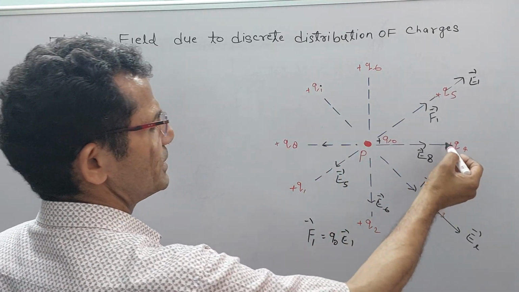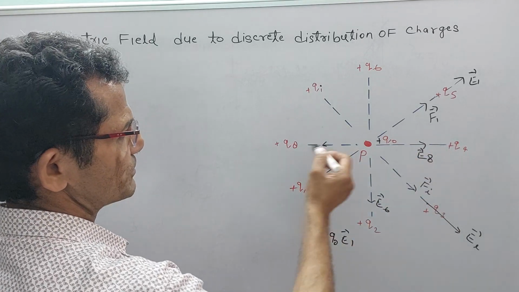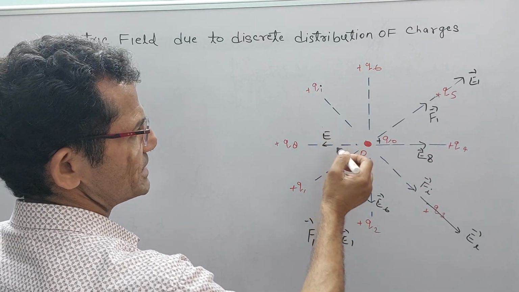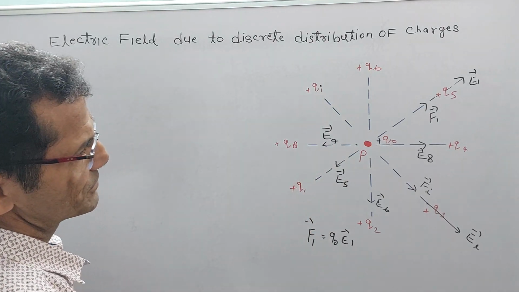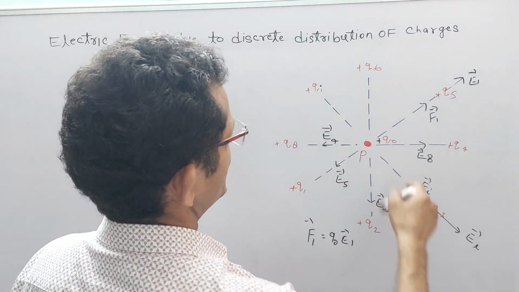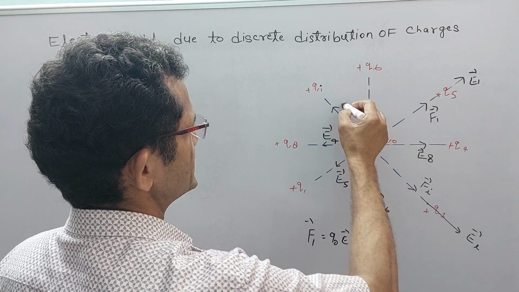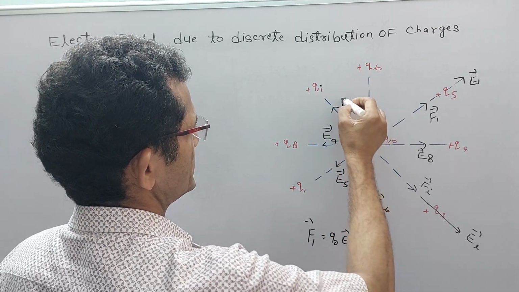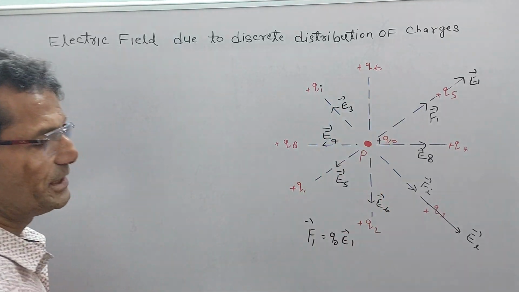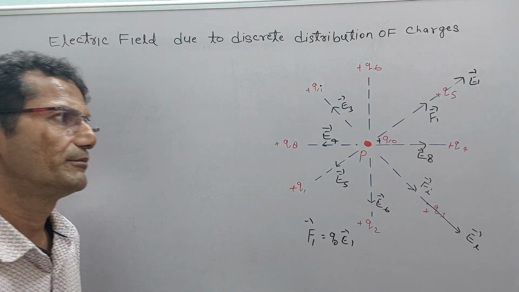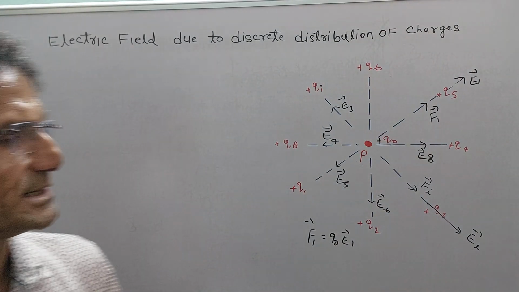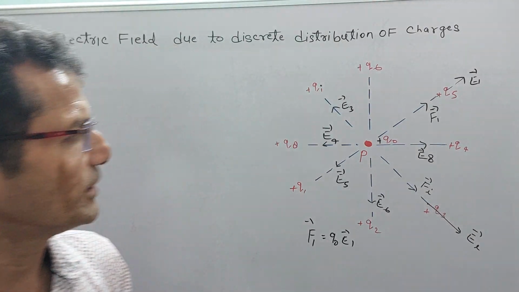This is Q3, which will produce a field in the direction of this one. P is our observation point, where we have to calculate the net electric field due to all these charges.